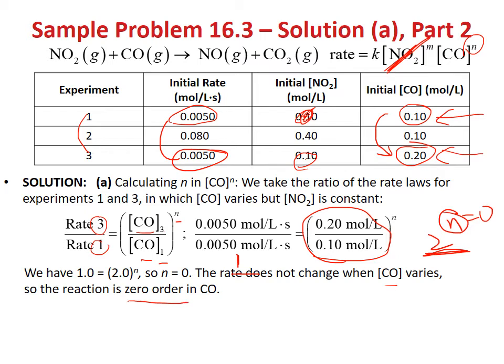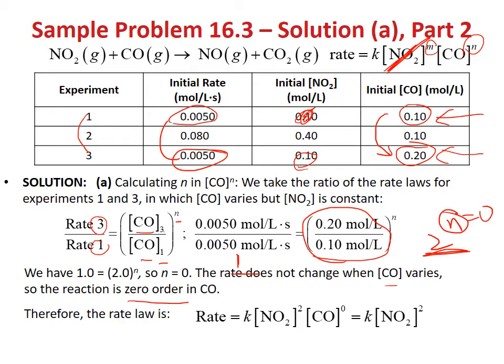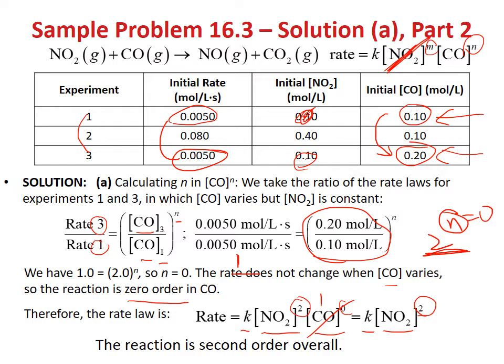We already know m equals 2 from the last slide, so the reaction rate law is k times NO2 to the second power, CO to the 0 power, which is just 1. Therefore we have k NO2 to the second power. So the overall reaction is second order.